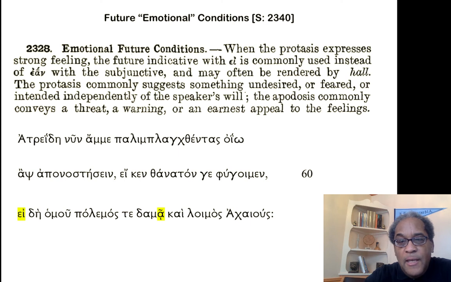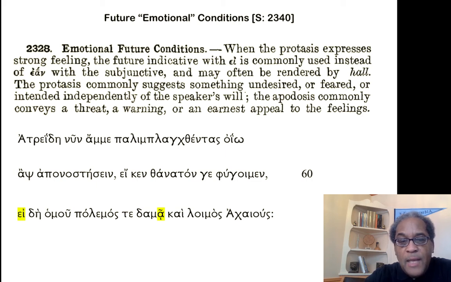So we see in line 61, ei de homou polemos te damai kai loimos Achaious. This damai is a future, actually, from damazo.